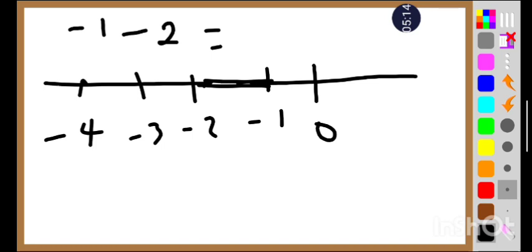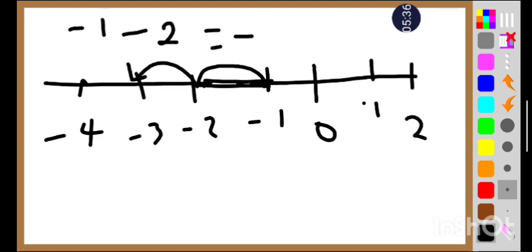Negative means you are to the left of the number line. Positive means you are to the right. So negative 1 minus 2 means I start at negative 1, I count 2 units backward: 1, 2. We fall on negative 3. So negative 1 minus 2 is negative 3. Okay.